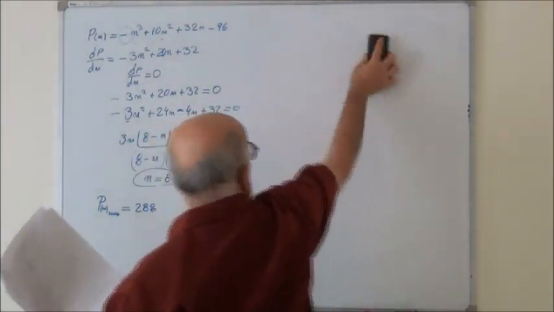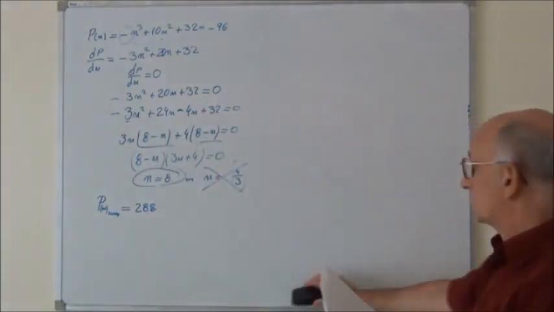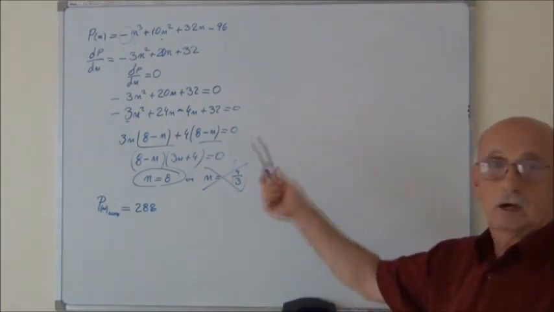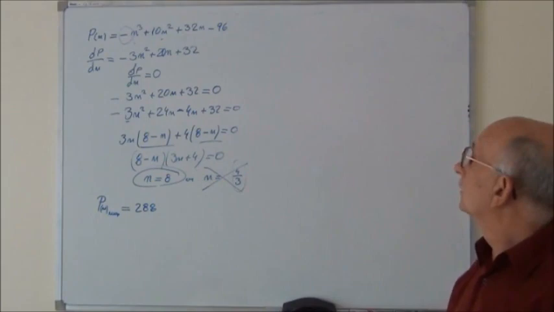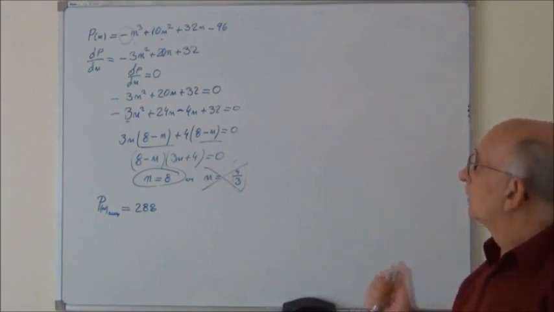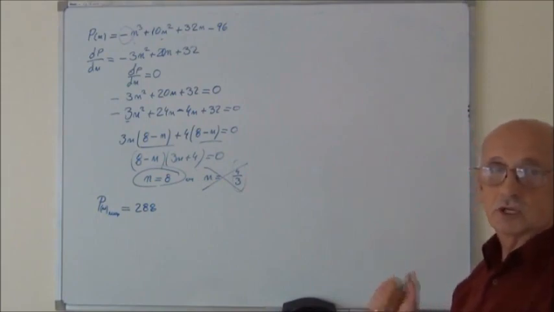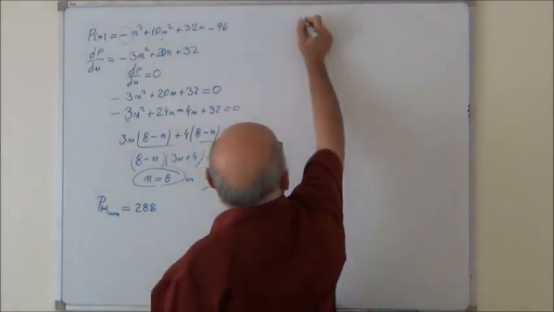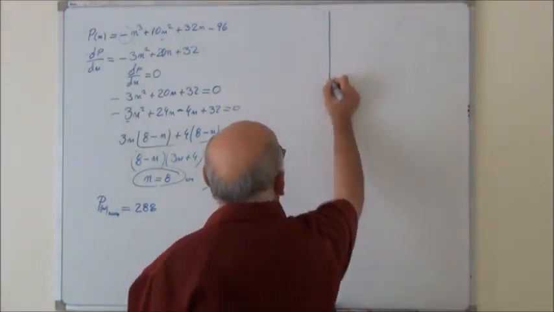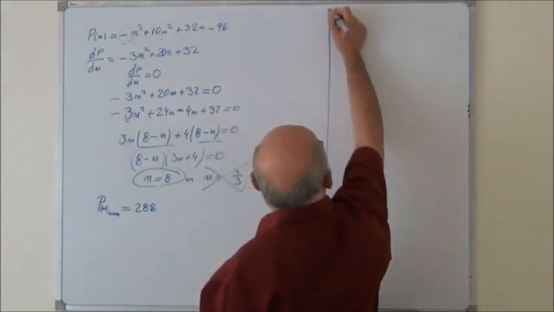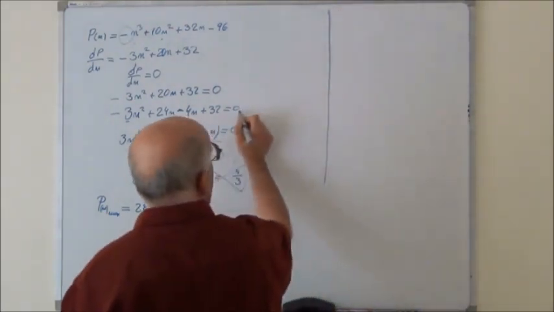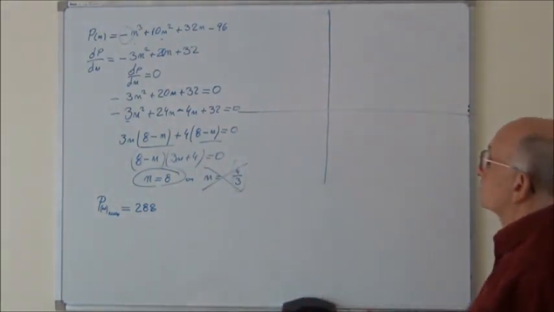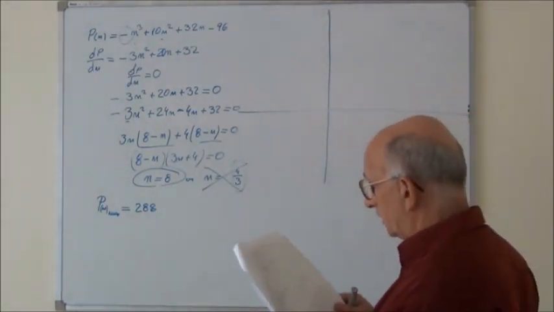warn you about one very common mistake that happens in similar questions like this, especially when the question is asking to sketch the graph. If this question is asking us to sketch the graph, of course this is one cubic curve.